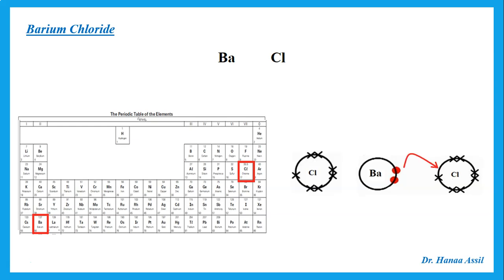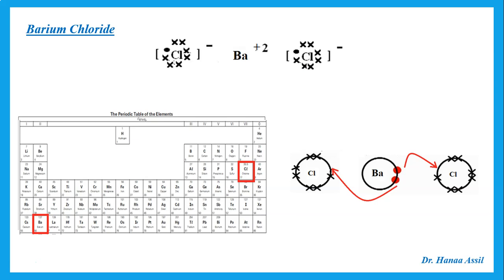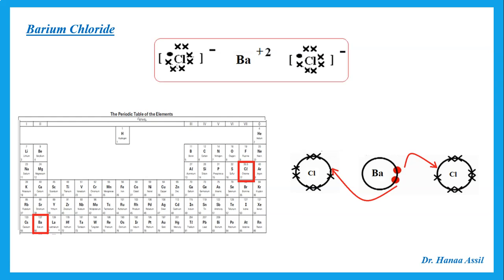I will get another chlorine atom to donate the other electron, and that means for each barium that has lost 2 electrons and becomes 2 positives, I need 2 chlorines. Each of them has their 7 plus 1 from the barium, and they each have an extra negative charge. So this is my dot and cross diagram for barium chloride.